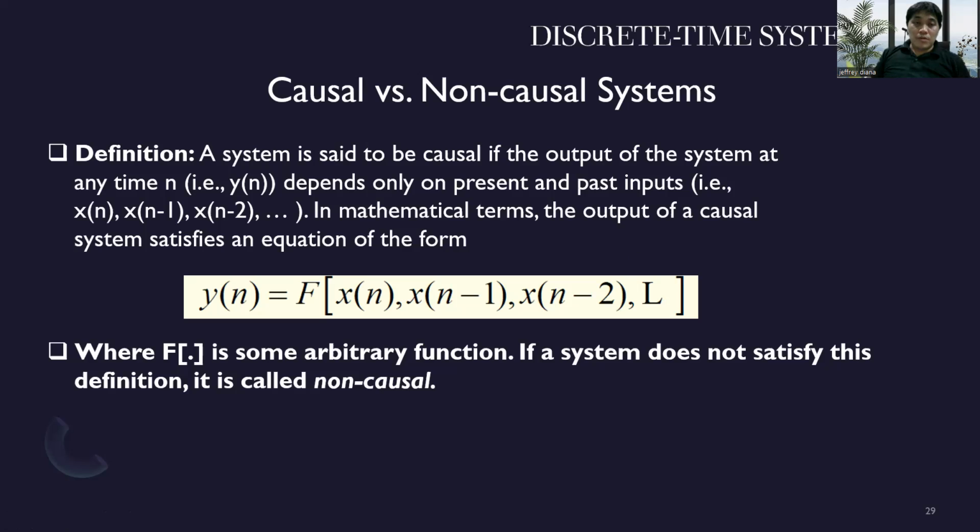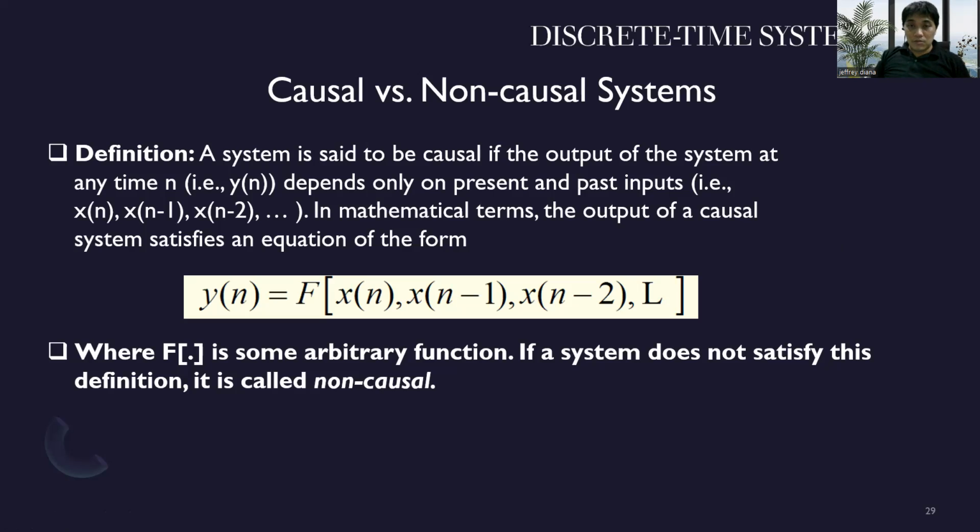Next topic is about causal versus non-causal systems. For the definition, a system is said to be causal if the output of the system at any time n, y[n], depends only on the present and past inputs, for example x[n], x[n-1], x[n-2], and so forth.